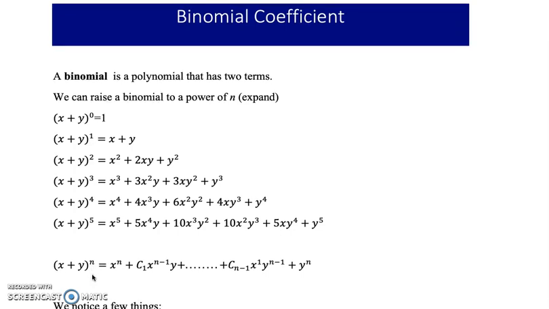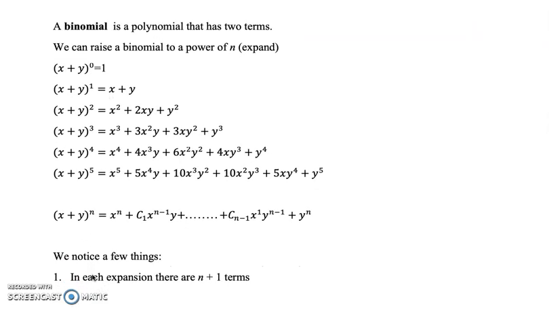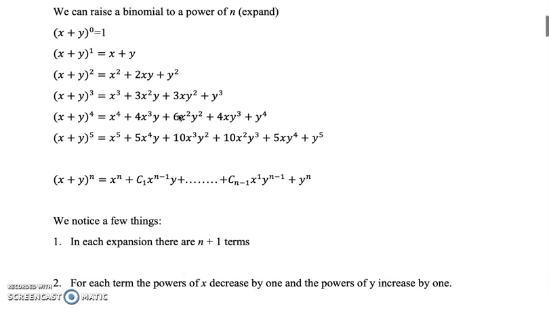Now, as we raise a binomial to an exponent, we notice a few things. First of all, in each expansion, there are n plus 1 terms. So power of 0 will have one term, power of 1 will have two terms, power of 2 will have three terms, and so on.